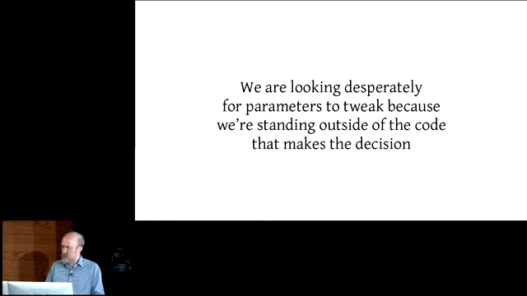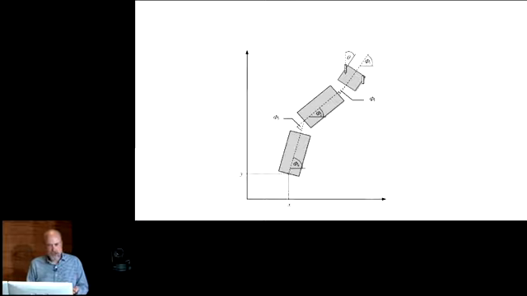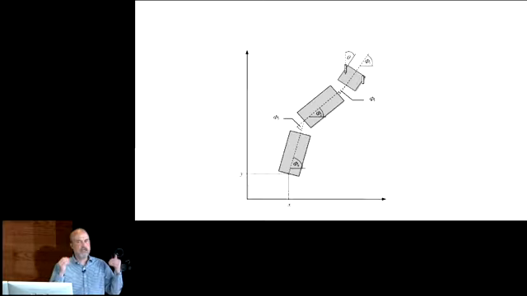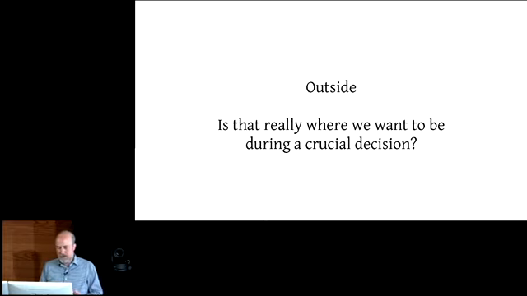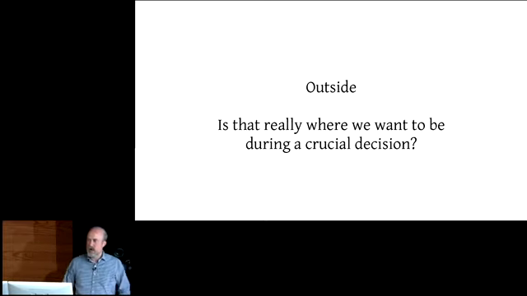So all of the ideas I was thinking of were really bad ones. It was that feeling of using a framework you're not quite in control of. You're thinking of what parameter can I possibly set here that will make the paragraph behave like I want. We're on the outside. Is that really where we want to be during our code's crucial decision?